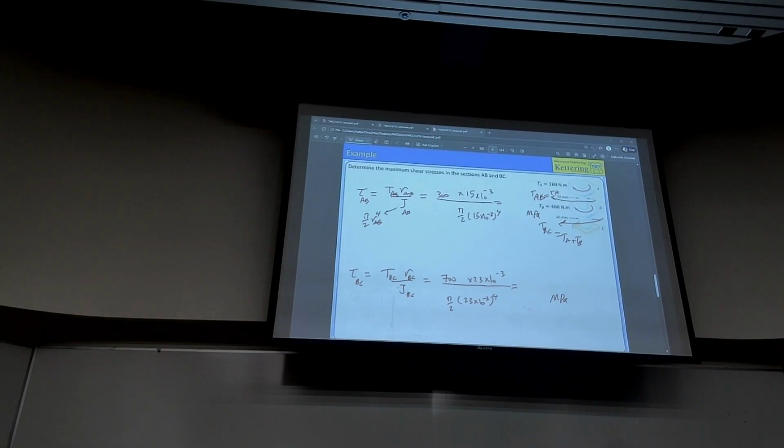Read this calculation, seems to be something new.